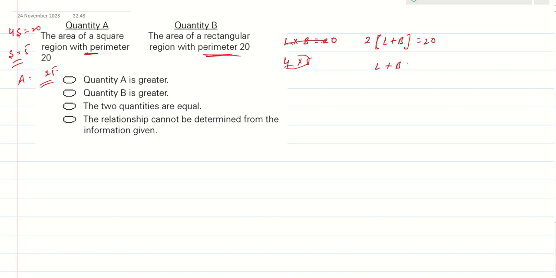So L plus B, how much? 10. Correct, no? So what is the possibility? I can get 5 and 5 also, no? Careful. So now area can be 25 also. Many possibilities are there, no? So what is the answer?